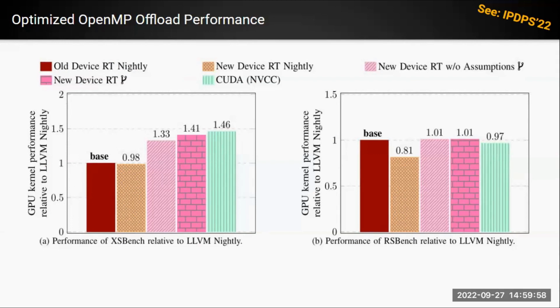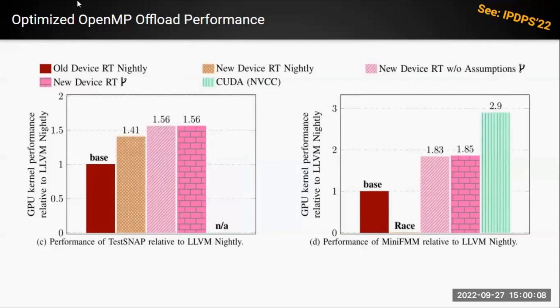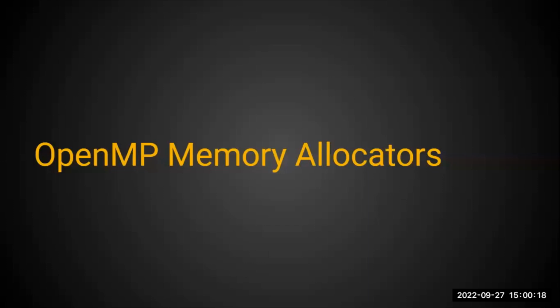So basically, there's still a difference, but not much. And on the RS Bench, which was already at CUDA performance, we still get that. And test snap, 50% improvement, and mini FFM, still not CUDA, but 80% improvement. So we're good. Okay, let's break.